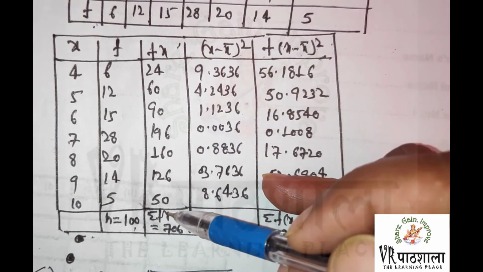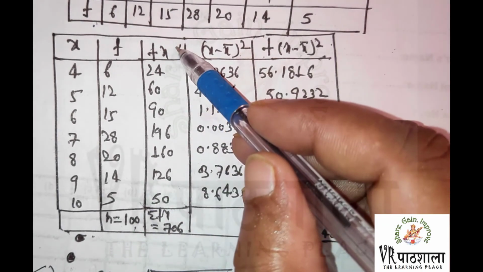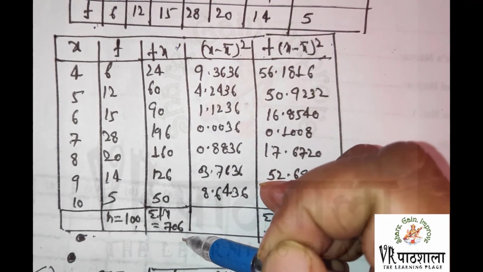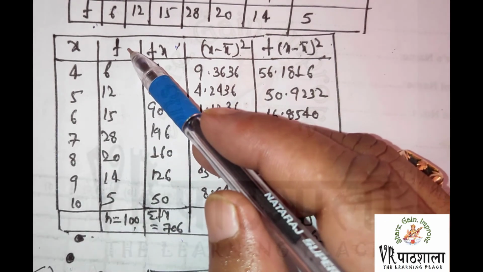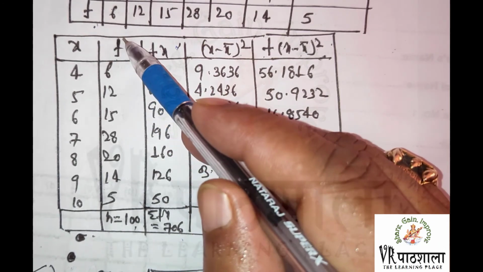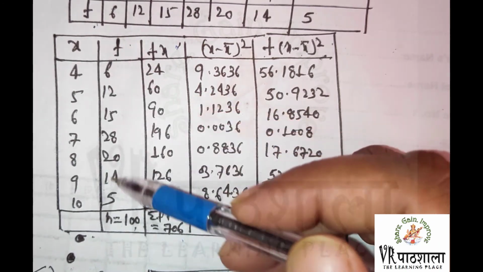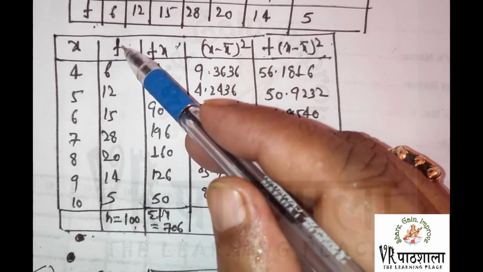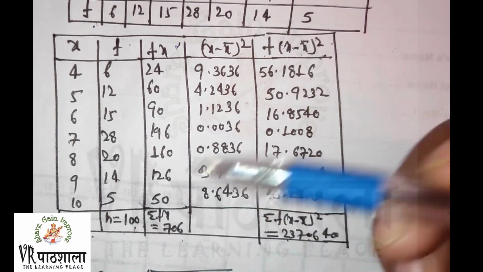Now the summation f into x means the sum of column fx. The sum of column fx is 706. In grouped data, n is defined as summation f, so we sum the column f, that is the sum of frequencies. The sum of frequencies, n, is equal to 100.